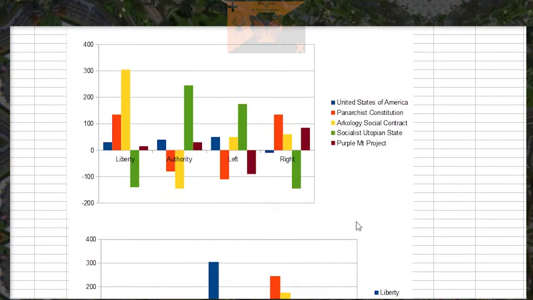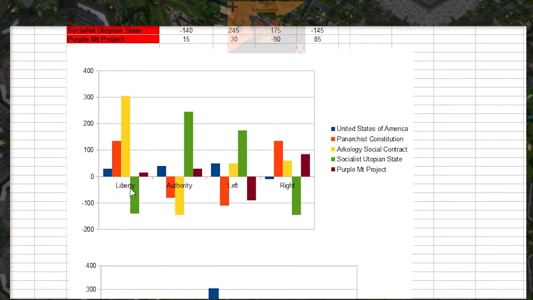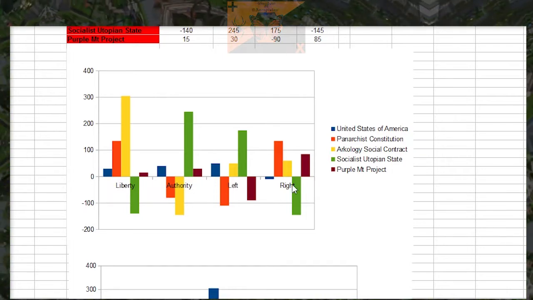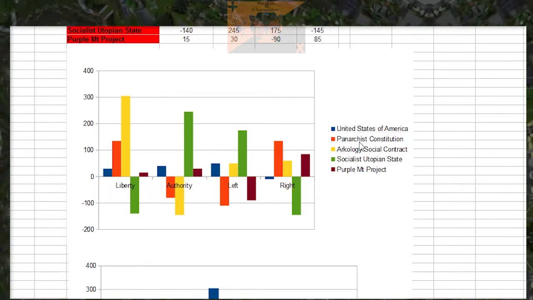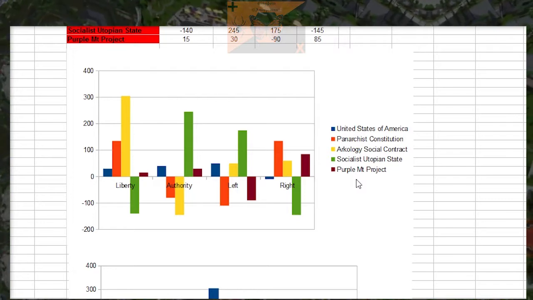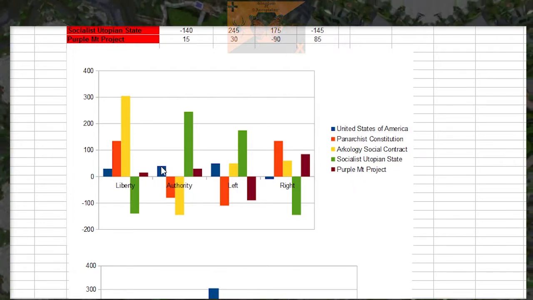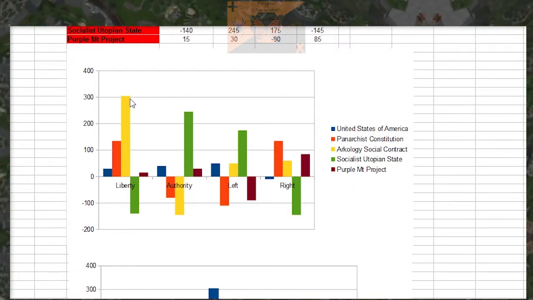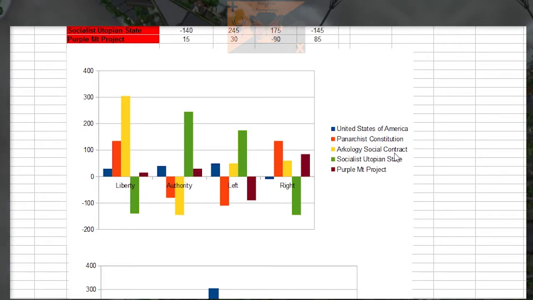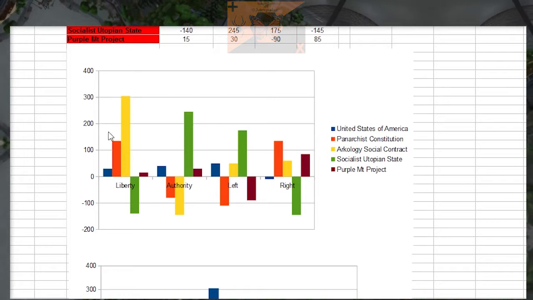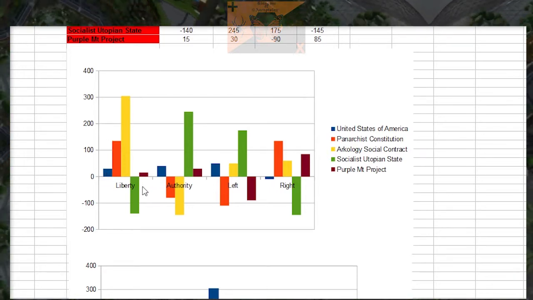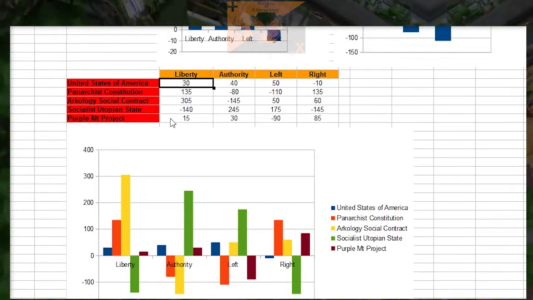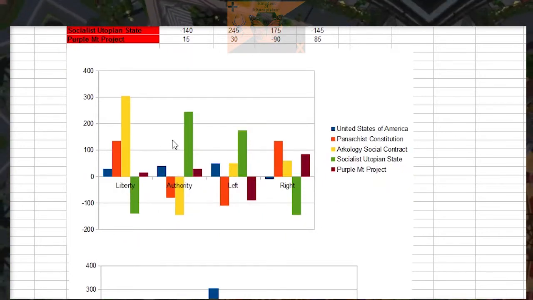And here we have liberty, authority, left and right on X, and then the legend is the constitutions. So you look at liberty, who has the most liberty? Yellow does, the social contract. 300 liberty. The United States of America is at 30, so we have 10 times the liberty.